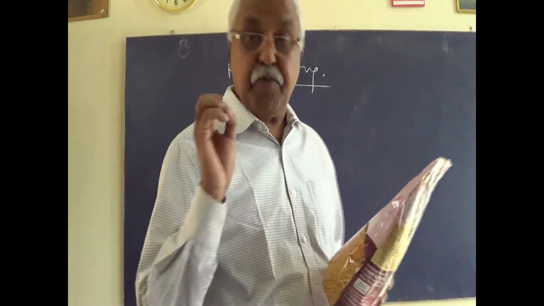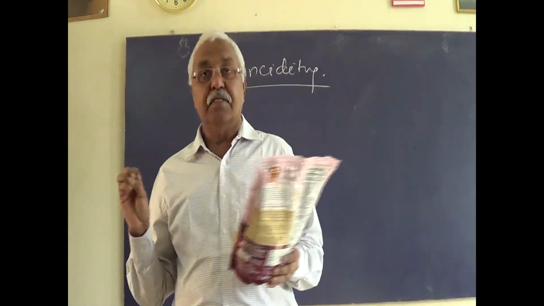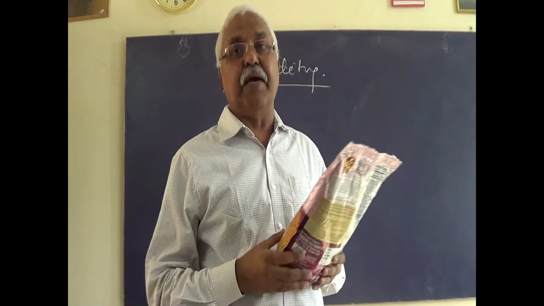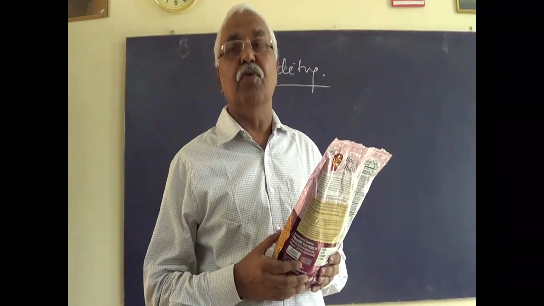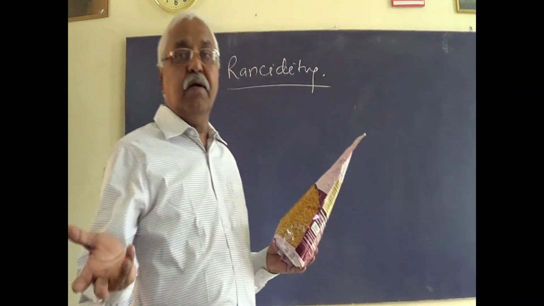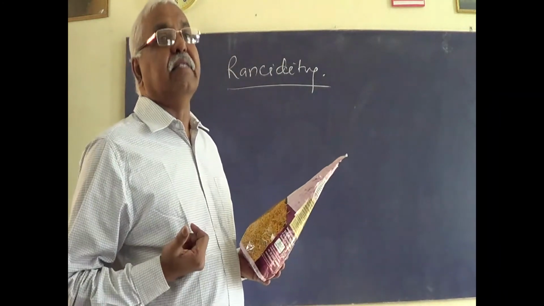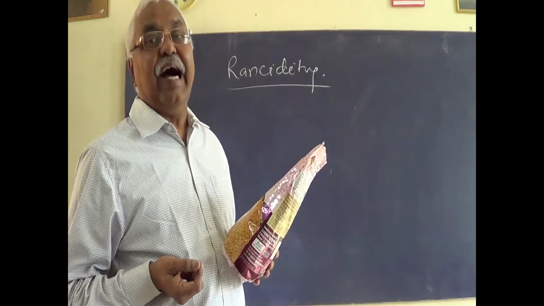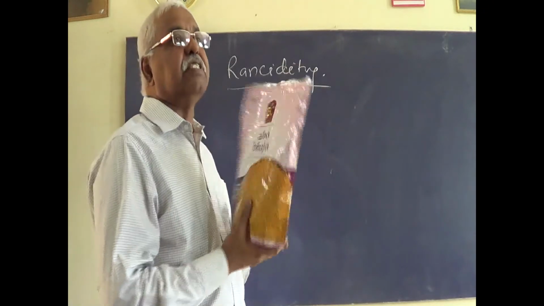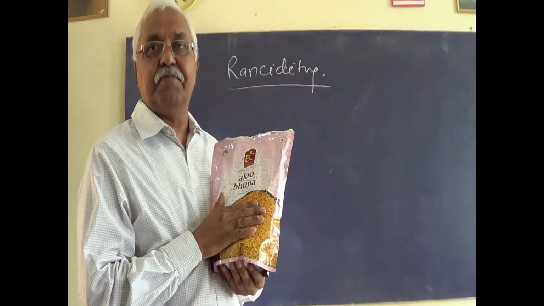The potato chips, the aloo chips, and the different types of eatables the children have. They are taken out from boiling oil or fats. So these eatables contain oil and fats.